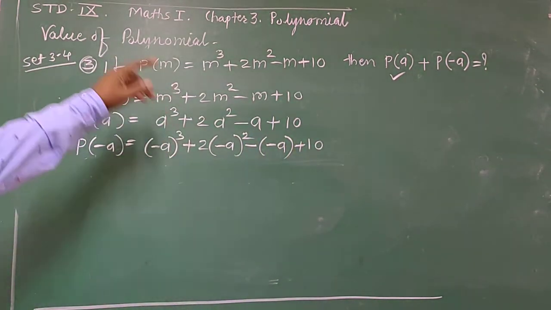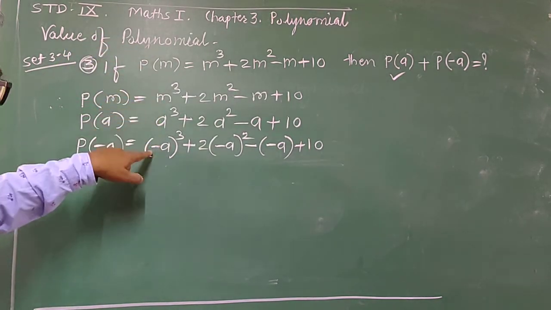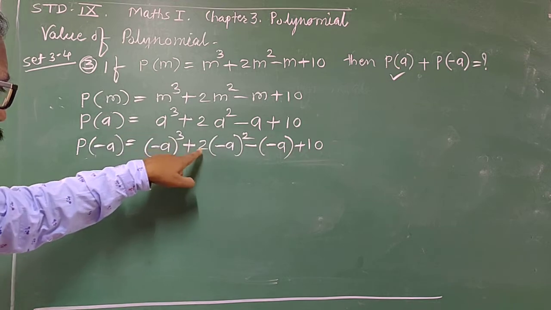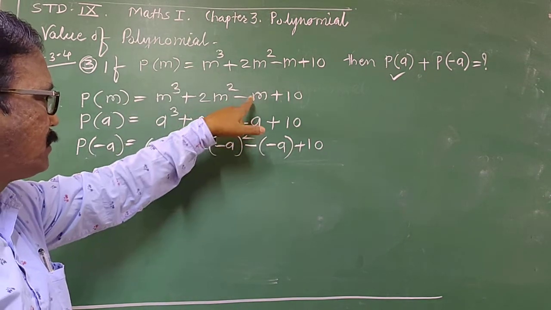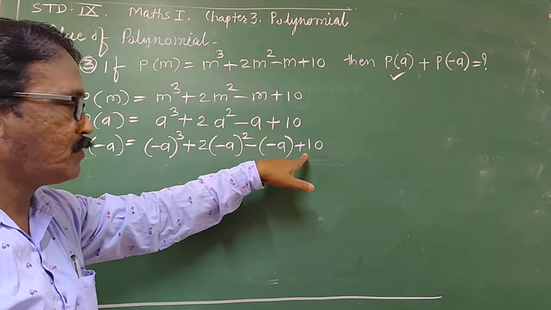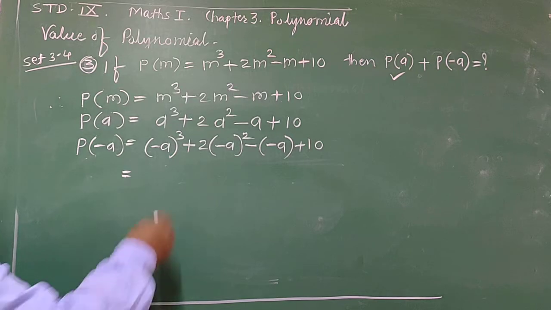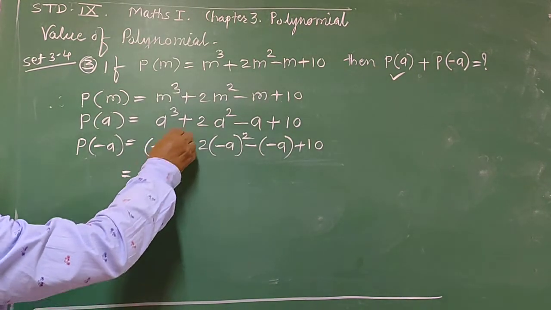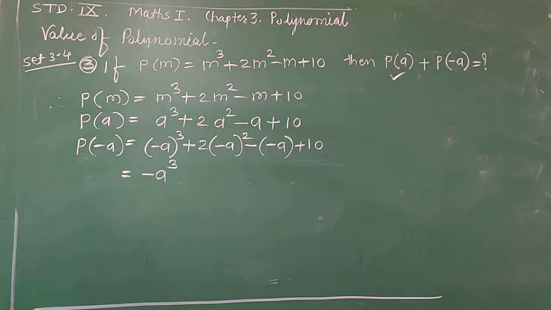So put value of m, that is minus a. So minus a cube plus 2 into minus a square minus and minus a. Then simplify cube of this negative sign, that is minus a cube.